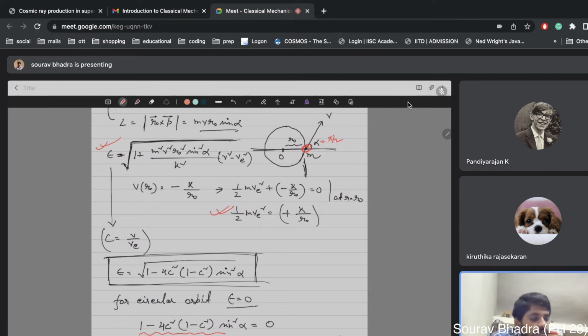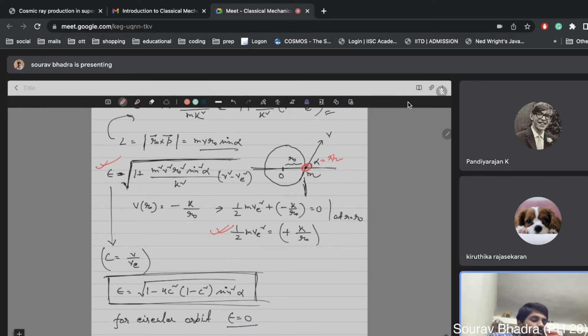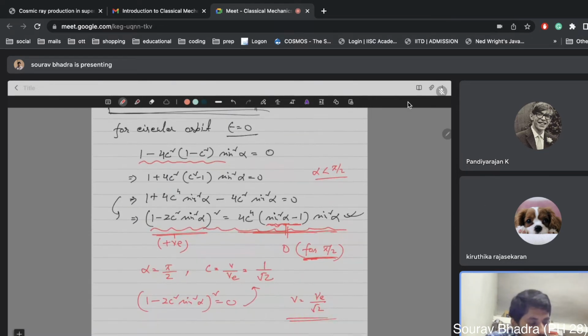Okay, so to get a circular path for this thrown particle, you have to throw it at an angle of pi by 2 with a velocity of ve by root 2, where ve is the escape velocity. So that is the important point.